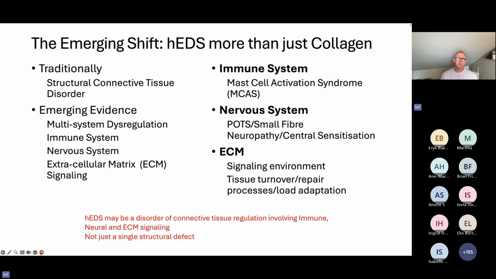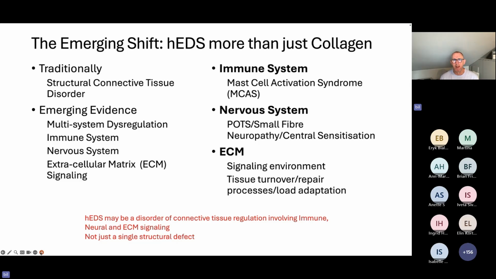So we do have this emerging shift, really, that hEDS is more than just collagen. It's not just about stretchy ligaments. Traditionally, we've talked about hEDS as being a structural connective tissue disorder, but there's emerging evidence that it's a multi-system dysregulation disorder involving the immune system, the nervous system, the extracellular matrix signaling system.